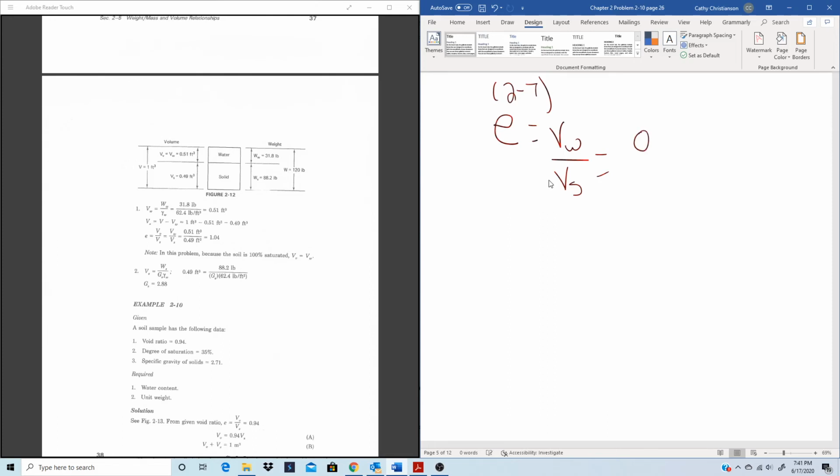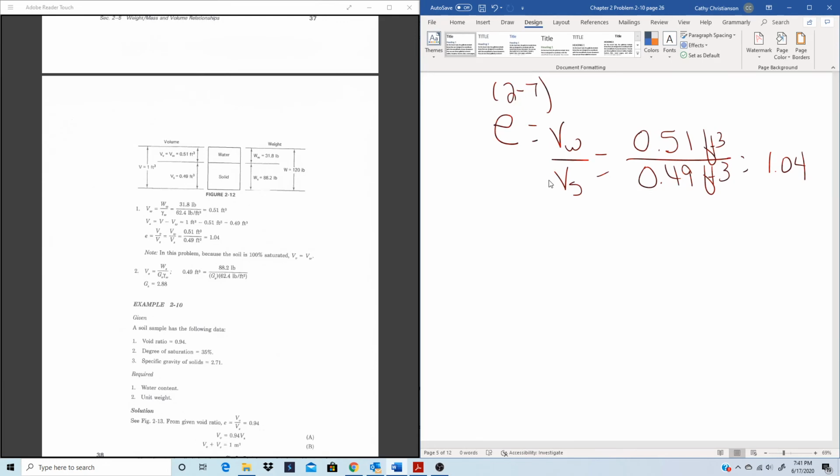So that would be 0.51 cubic feet over 0.49 cubic feet. Once you put that in, you should get 1.04. So the void ratio is actually greater than 1. Everything we've worked before, the void ratio has been less than 1.